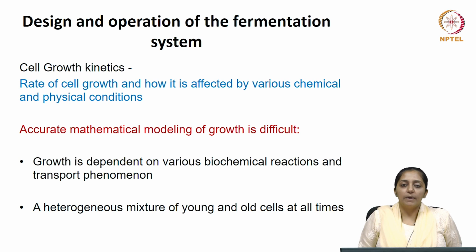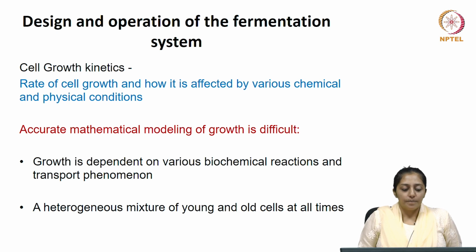Although accurate mathematical modeling is difficult because there are numerous physical and chemical parameters which are going to affect the cell growth rate, we take assumptions for ease, and there are various empirical models which can correlate one or more of these growth rate limiting factors with the growth rate.